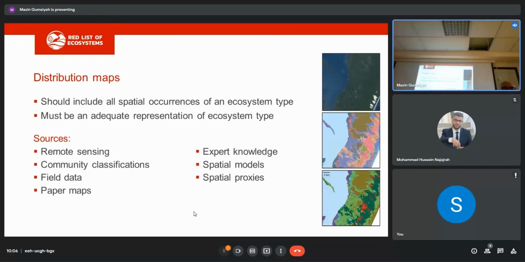Paper map, phytosociology map are useful. Expert knowledge is always a very good thing, and best results are obtained if you make workshops with experts and they all give their opinions, and after, you have a consensual result, which is always good.